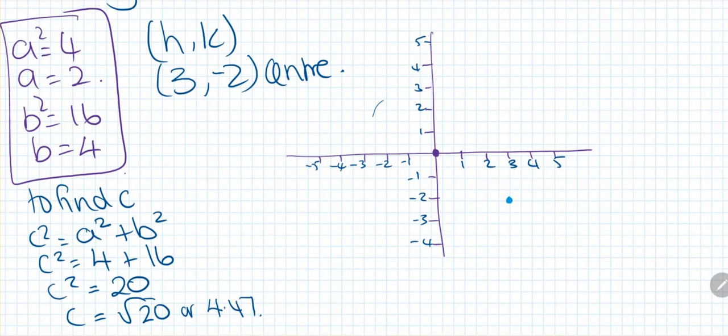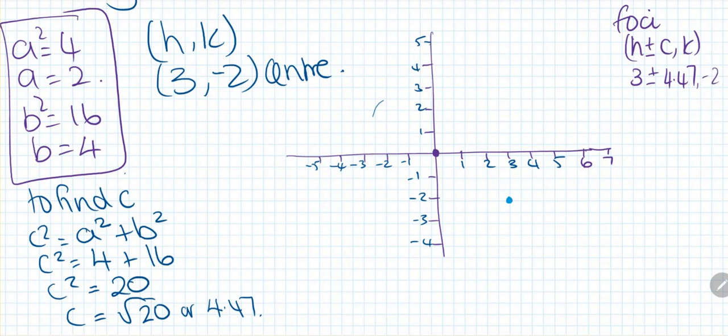So we can find the coordinates. Our formula for the foci is H plus or minus C, comma K. H is 3, so plus or minus 4.47, and K is minus 2.